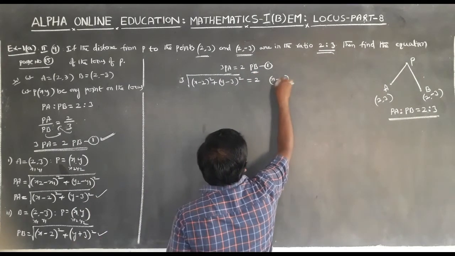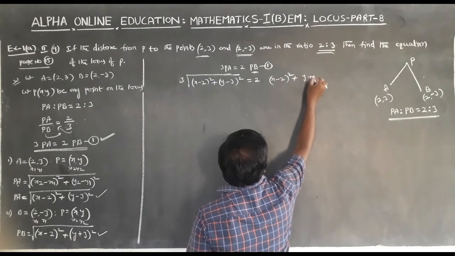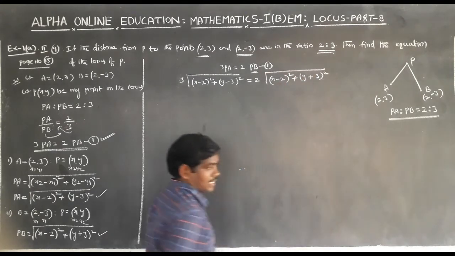PB is equal to under root of (x minus 2) whole square plus (y plus 3) whole square.